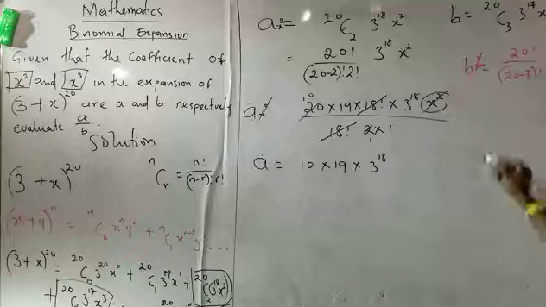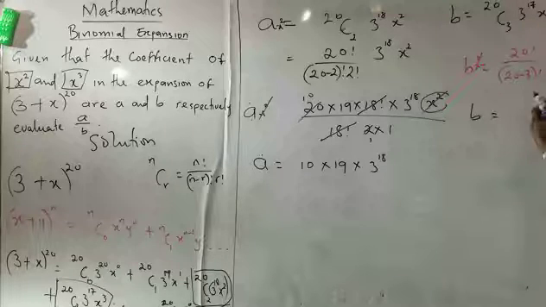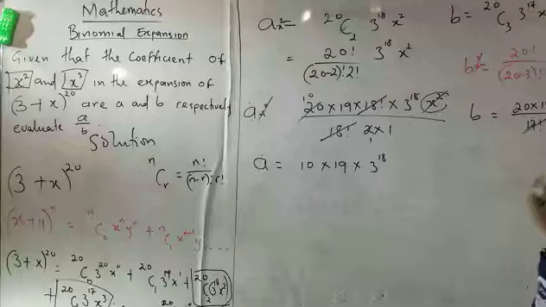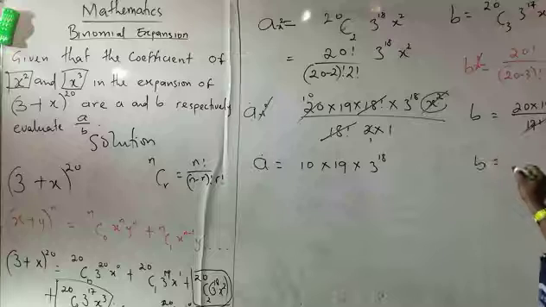Now, my B will be equal to 20 multiplied by 19 multiplied by 18 multiplied by 17 factorial, divided by 17 factorial multiplied by 3, 2, and 1. This will cancel this, and 3 raised to power 17. Now, this will cancel this.